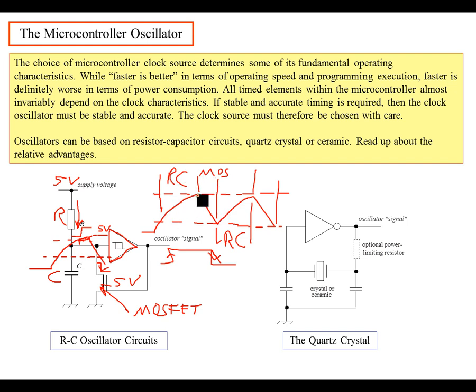RC rise time, MOSFET discharge, RC rise time, MOSFET discharge. The cycle is going to repeat over and over again, and it's all based on the thresholds of the Schmitt trigger. This is the threshold high, and this is the threshold for the low side.